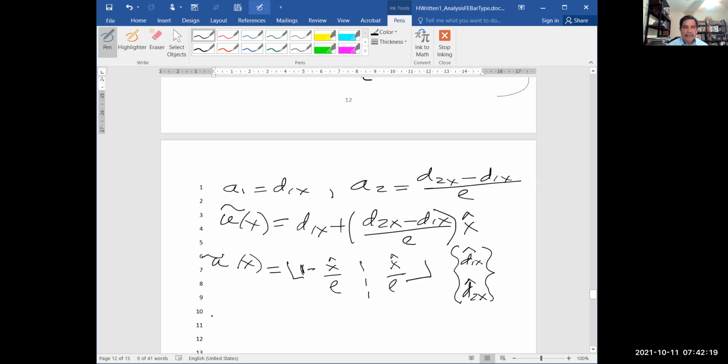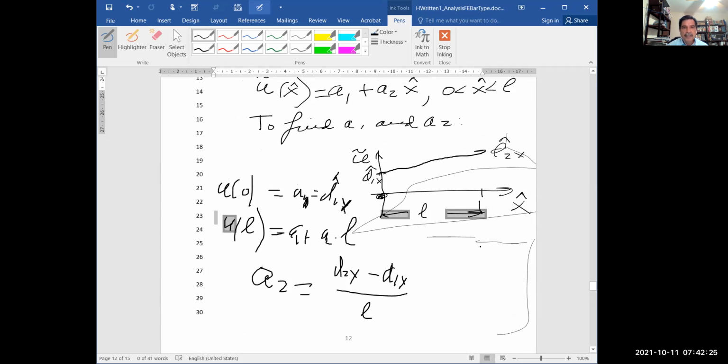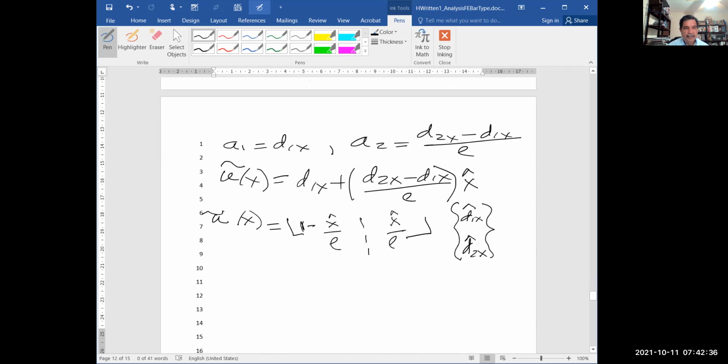Okay, so right now, assuming that this linear distribution approximates adequately the solution U, we can express this function U as a product of this row, you see that it's completely known, times D1, D2. These are the unknowns, okay?